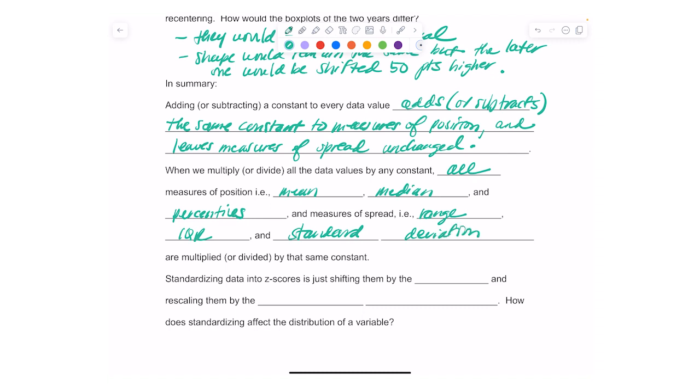So when you multiply or divide all data values by any constant, all measures of position and measures of spread are changed, whereas adding only changes measures of position. Standardizing data into z-scores is just shifting them by the mean and then rescaling them by the standard deviation.